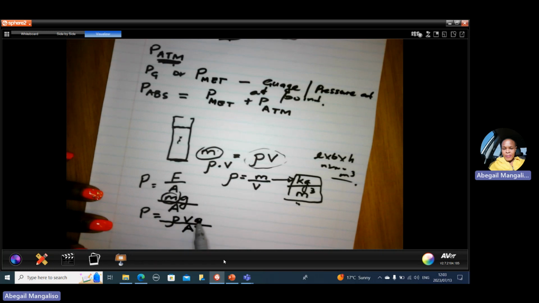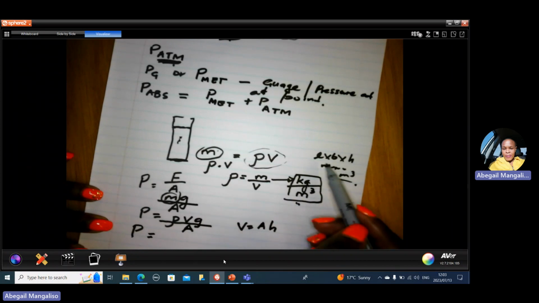And a volume is given by area multiplied by a height. So a pressure will be given by, where there is volume, area multiplied by the height, because length times breadth is an area, then you multiply it by the height.